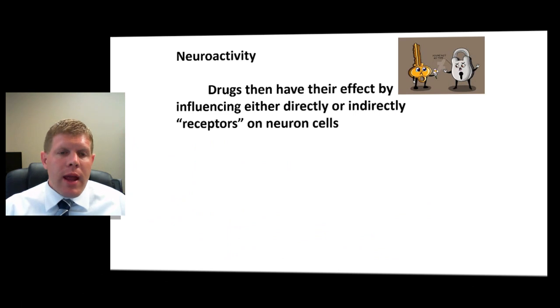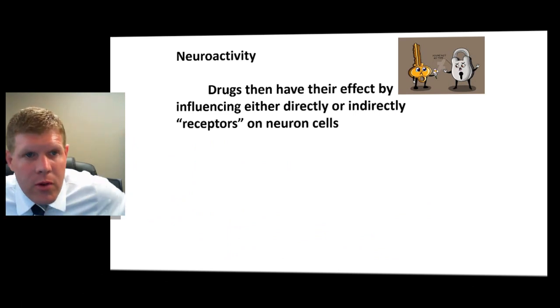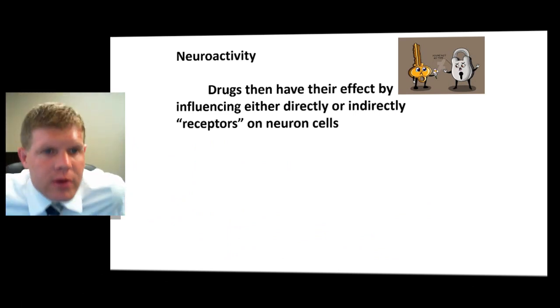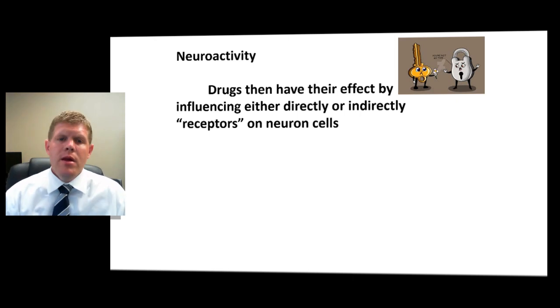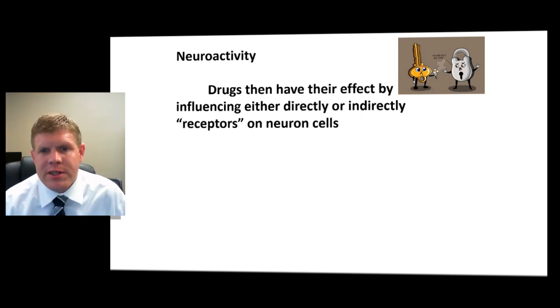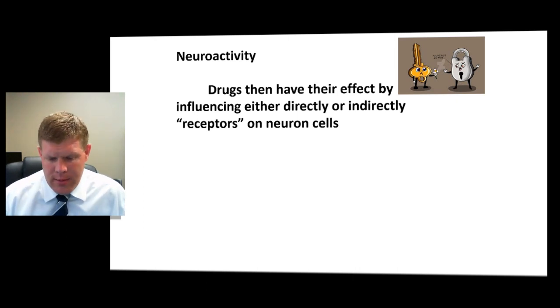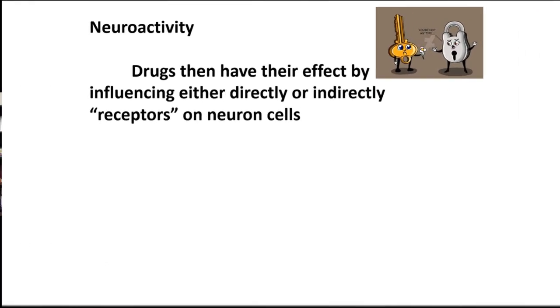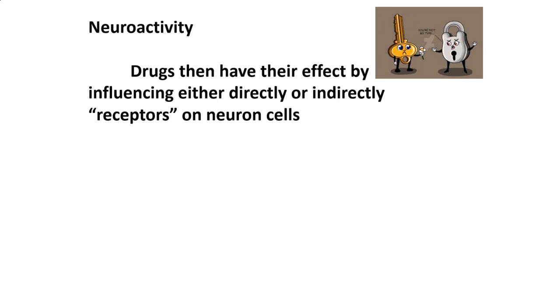Once they get to the brain, they've entered the central nervous system, or the CNS, where they can have their main effects. Drugs in the central nervous system have their effect either directly or indirectly by binding with or influencing processes associated with receptors on neuron cells. On the top right of the screen, you'll see a key and a lock. A neurotransmitter is like a key, and a receptor is like a lock.